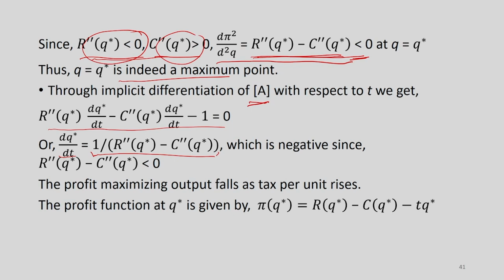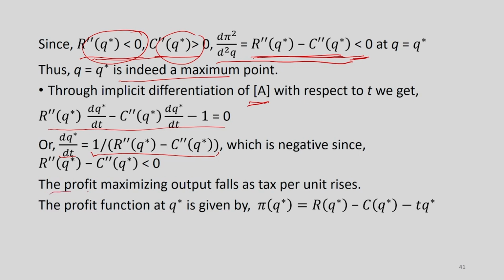And incidentally, we have also been able to figure out that this is going to be negative, and the implication is that as the tax rate rises, the firms will be constrained to produce less equilibrium output. That means if they are maximizing their profits, then they will be producing less output as the tax rate rises, and which seems intuitive.